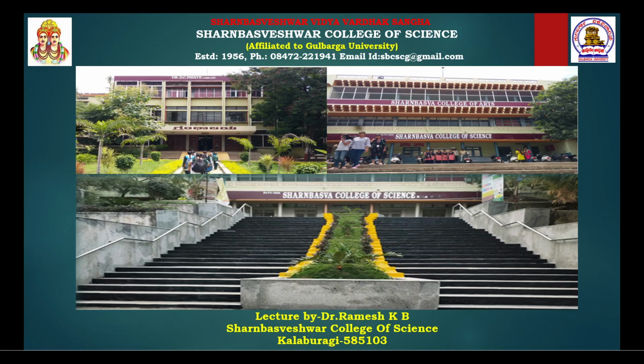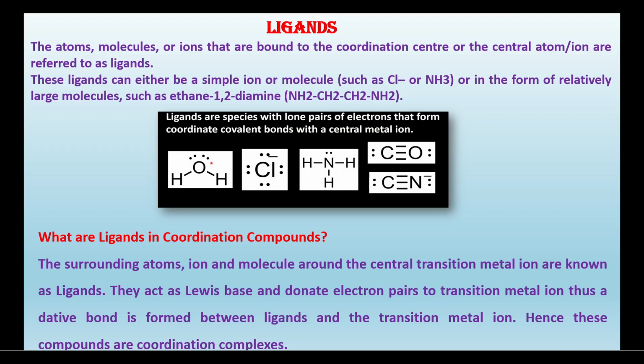Okay, first of all, I'm going to see what we mean by ligands. Ligands are nothing but ions or molecules. Here we are going to know the difference between ions and molecules. There may be molecules which donate at least a pair of electrons.